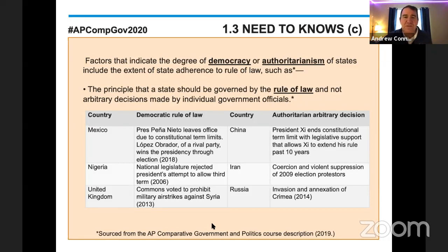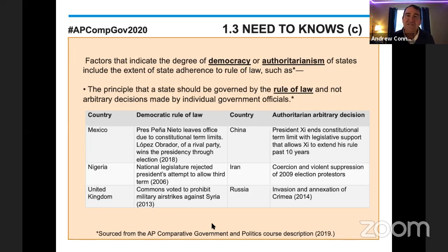So I put some examples in here for each of the 6 core countries of how we could describe rule of law in our more democratic governments, particularly the United Kingdom, where we've seen the legislature, the House of Commons, vote against executive branch preferences to use the British military in Syria back in 2013.